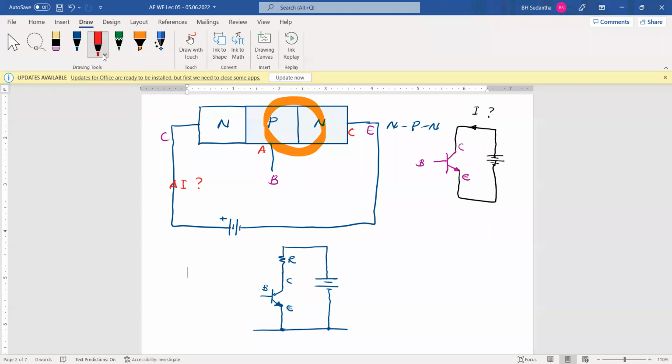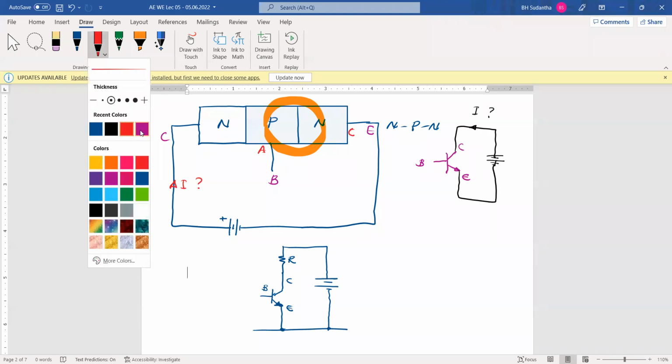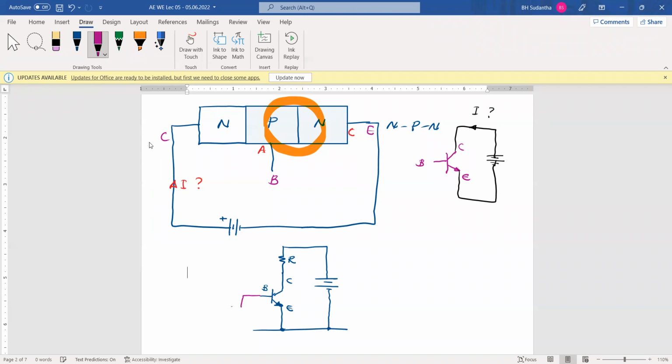With that, we can apply this type of voltage here. It may be a variable one. Then when you increase this voltage over 0.7 volts, you can forward bias this emitter-base junction.